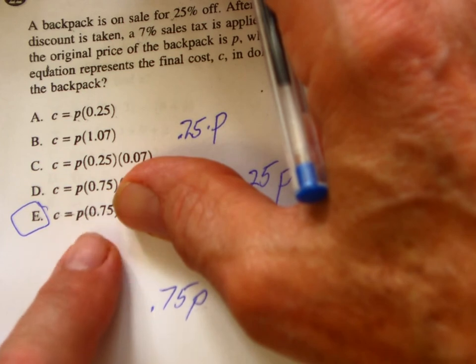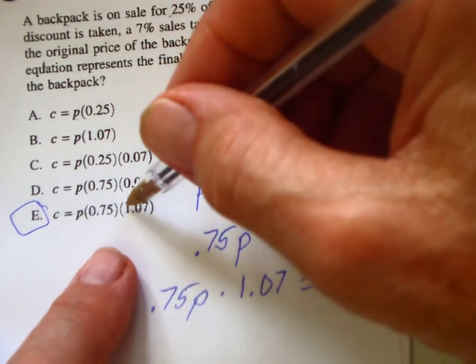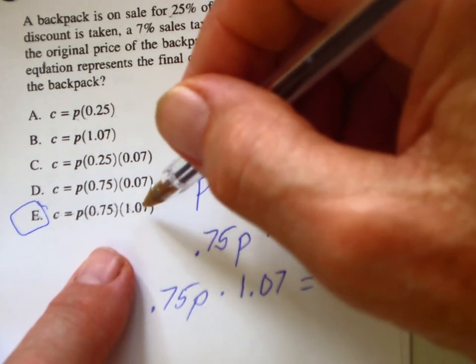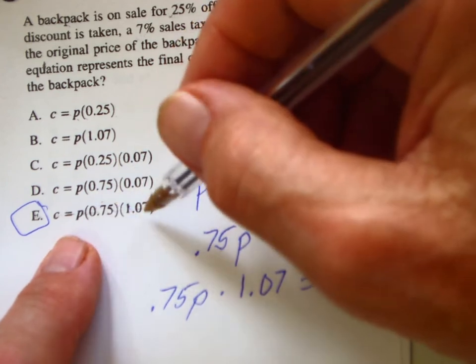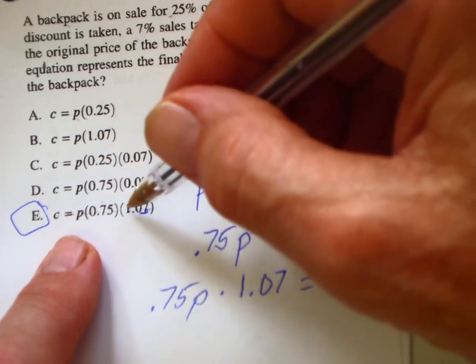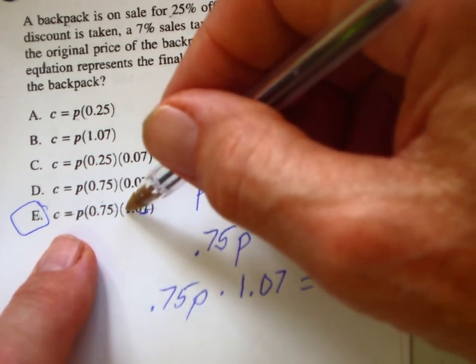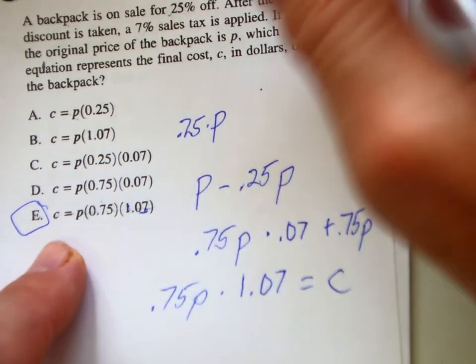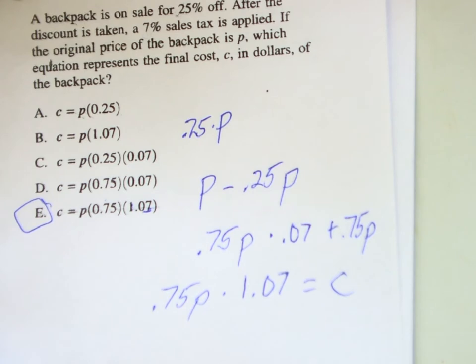We're left with 75% of the price. This is times the sales tax and the original, the discounted price, because we want to increase it by 0.07, so we have to multiply it by 1.07. If we don't include the 1, we're only finding the sales tax. We have to include the 1 because we want to add it to the discounted price. Anyway, that's the right one.